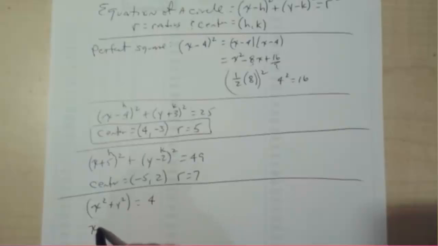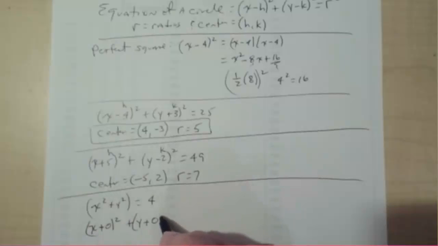It's x minus 0, or x plus 0 squared, and y plus or minus 0 squared equals 4. So what's the center of our circle? If it's not shown on here, it's 0. So our center is 0, 0, and our radius is 2.